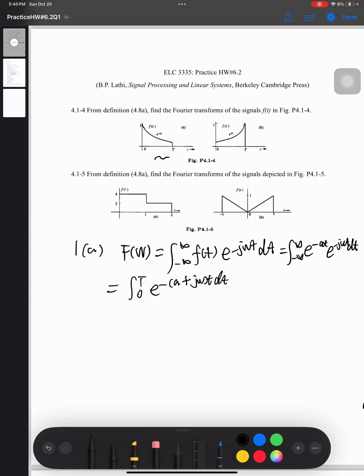So the integral gives minus 1 over (a plus j omega) times e^(-(a plus j omega)t).